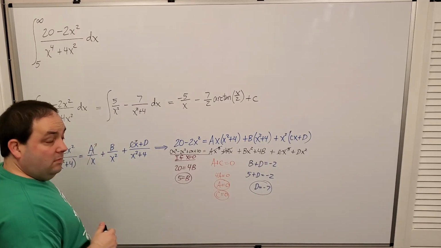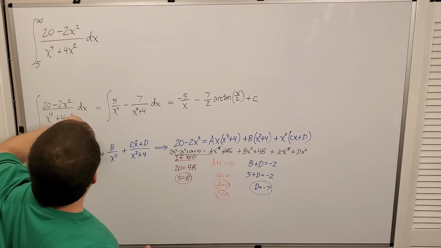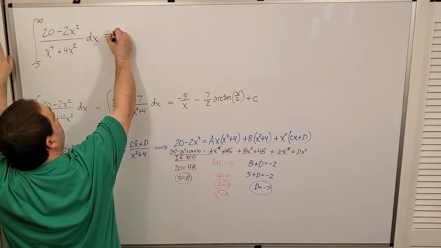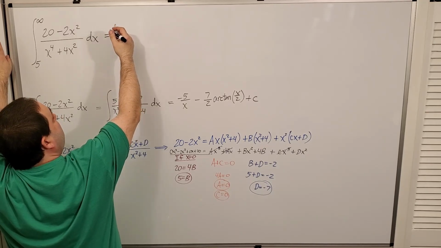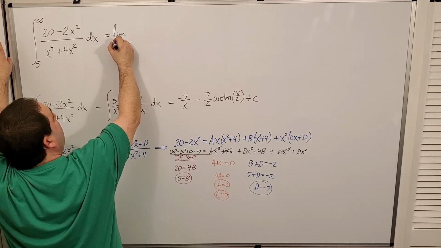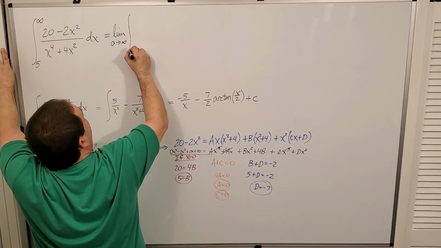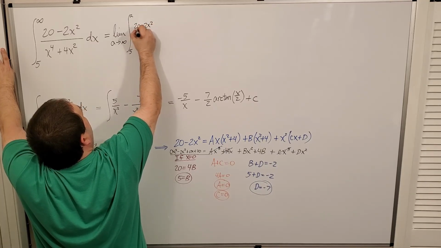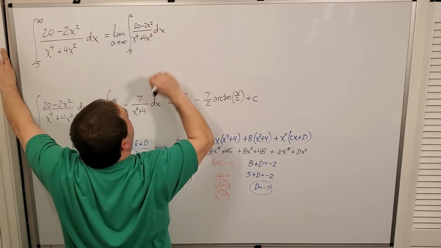All right, so let's finish it up then. Come back up to here, and let's do this the right way. I have to do the limit as, I could pick anything really here, I'll just pick little a again, goes to infinity, and then it's going to be the integral from 5 to little a of 20 minus 2x squared over x to the 4th plus 4x squared dx.